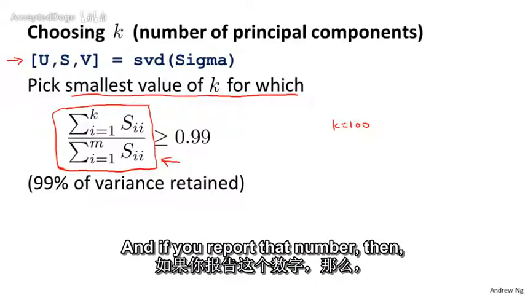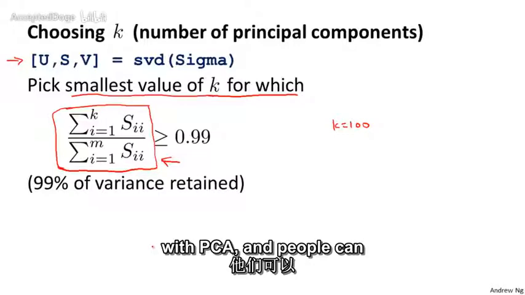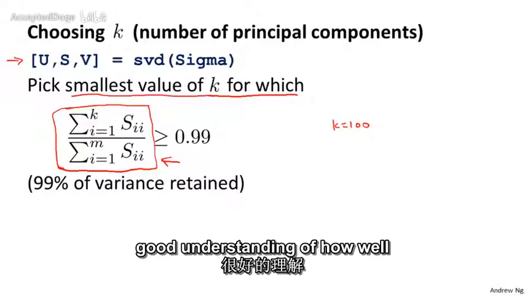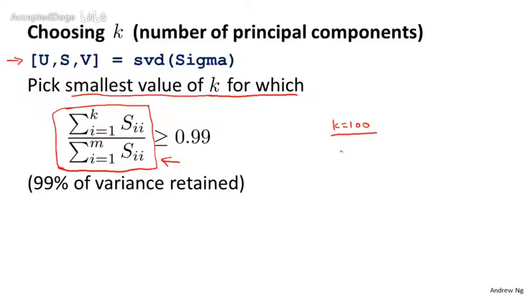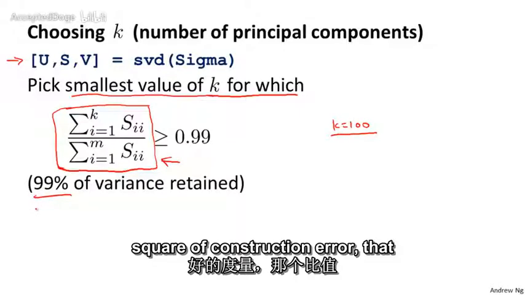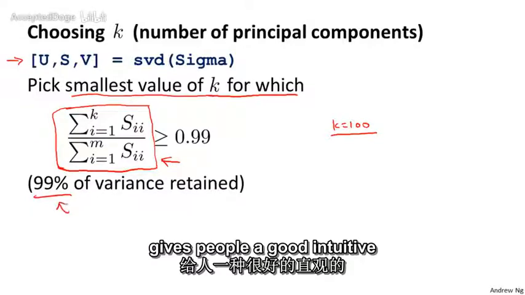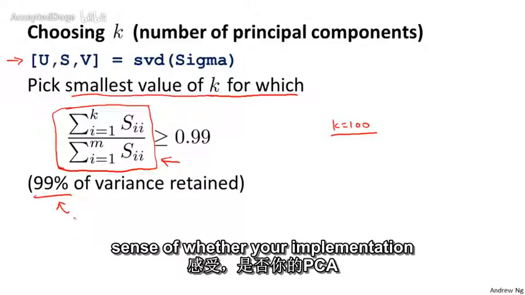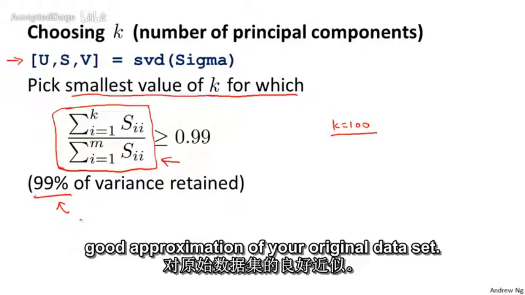If you report that number, people who are familiar with PCA can use it to understand how well your 100-dimensional representation approximates your original data set. 99% of variance retained is really a measure of your squared reconstruction error, that ratio being at most 0.01, and it gives people a good intuitive sense of whether your implementation of PCA is finding a good approximation of your original dataset.